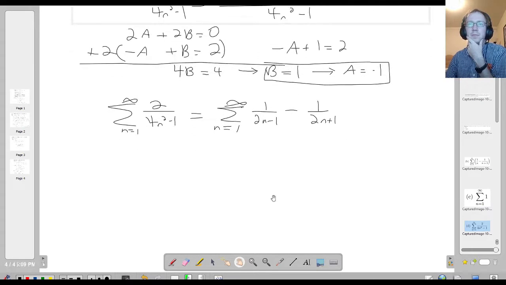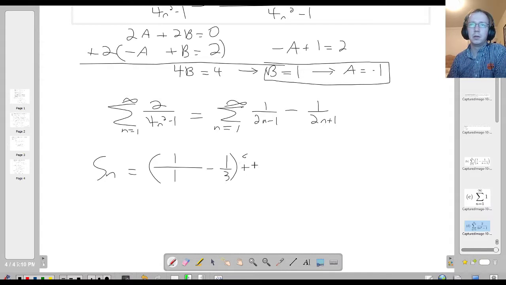If I start writing out my nth partial sum, I start with 1 over 1 minus 1 over 3. Then I would have 1 over 3 minus 1 over 5, which is plugging in 2 for n.